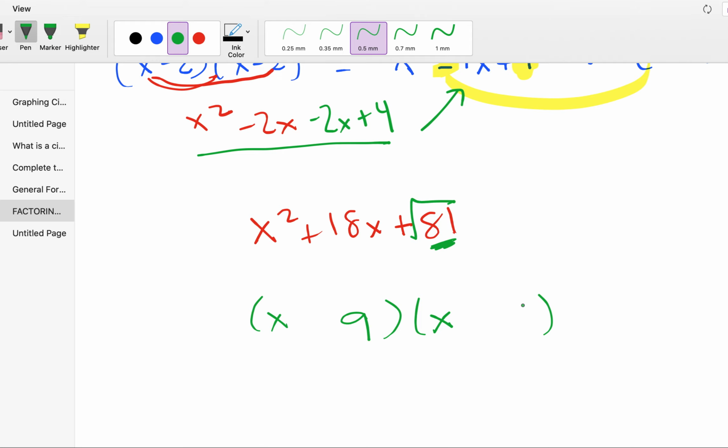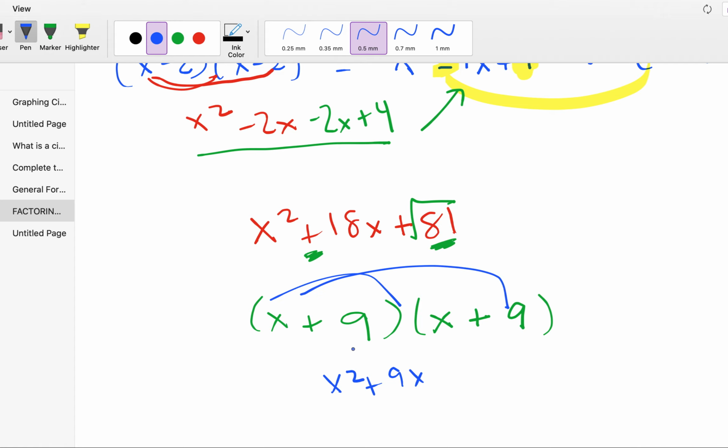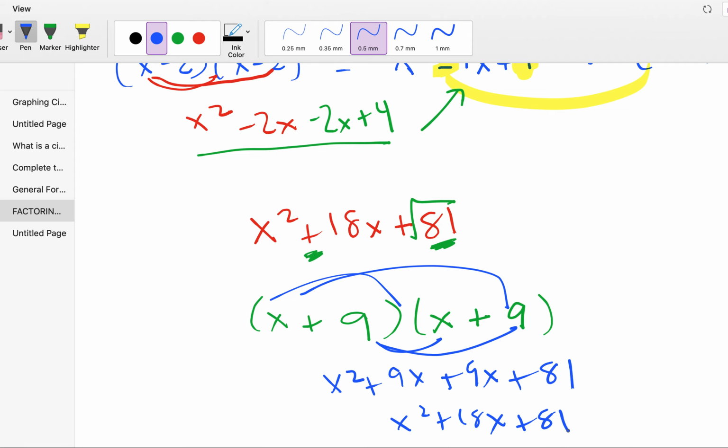I'll get 9 and 9. Then I'll just check the sign, and it's positive. And let's check it. X times x is x squared. X times 9 is 9x. 9 times x is 9x again. And 9 times 9 is 81.